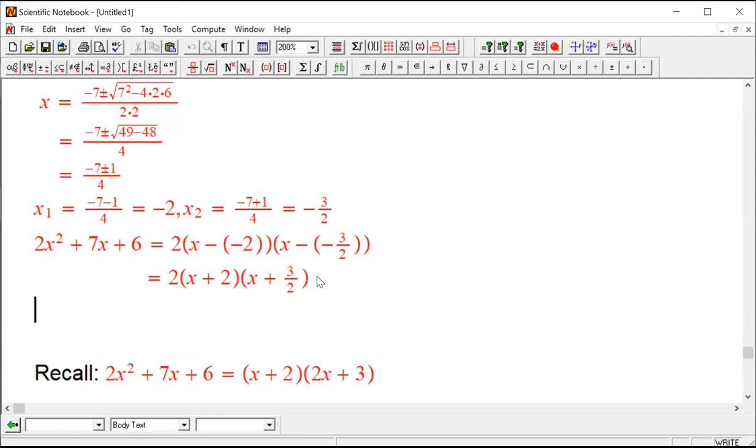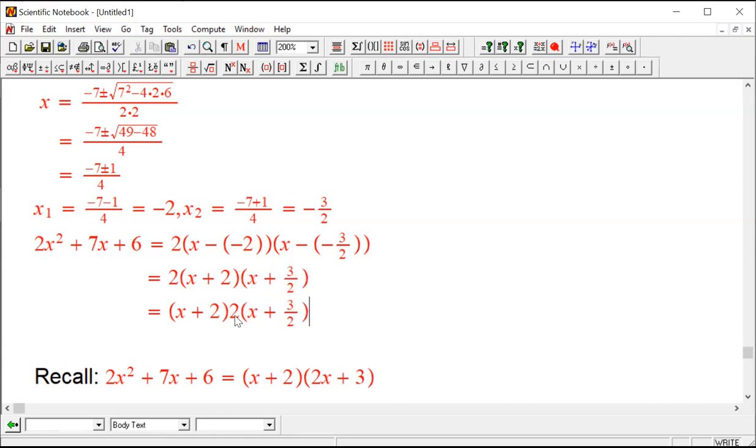Well, what can we do to see if they're the same or not? This is what you can do. You can take this 2 to multiply this parentheses. You're gonna take the x plus 2 to the front, and move the 2 to multiply every number inside the second parentheses.